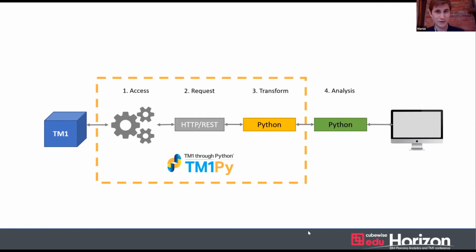and make it a collective effort, because we all share this piece of code. It doesn't matter if someone is doing a data integration project or a predictive forecasting project with TM1Py. We have this shared component, and it makes total sense to have this open source and make this a collective effort. And this is what TM1Py is all about.